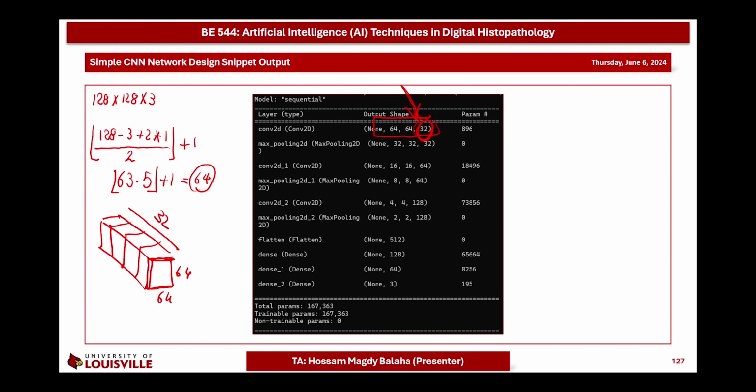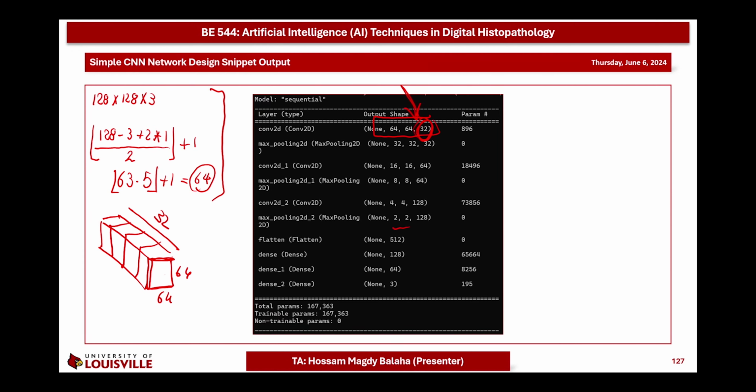So you can use the formula for the width and the height to calculate the different dimensions in the output shape, and the number of channels, which is the last dimension in this case, is the number of filters applied to that layer.